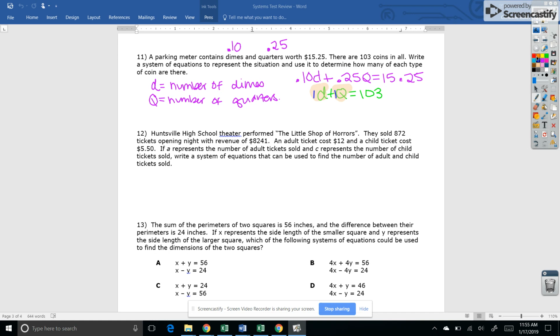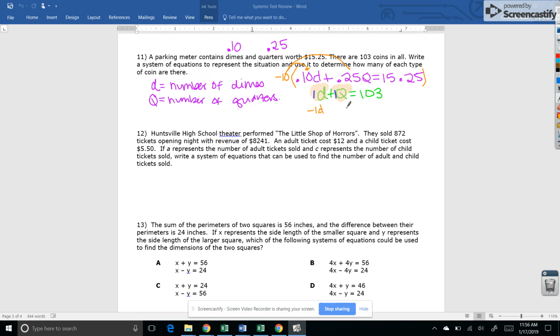I'm going to multiply my top equation by negative 10. Because 10 times 0.10 is 1. So negative 10 times 0.10d is going to be negative d. So this part, when I distribute, becomes negative 1d. Distribute here.